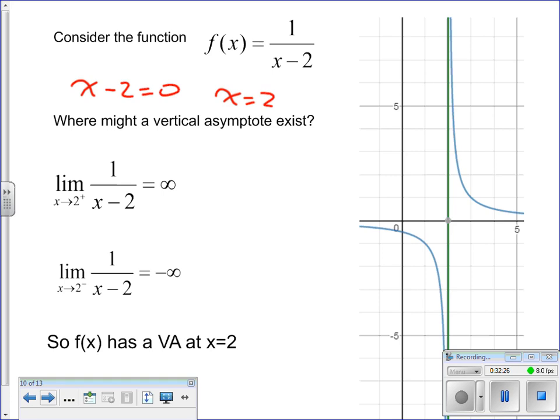Okay. 3 minus 2 is 1. 1 over 1 is 1. Slightly closer to 2, that's 2.5. Right? So I get 1 over 1.5, which is 2. What happened? It just doubled in size. 2 1/4. I get 1 over 1/4, which is 4. 2 1/8, which is now 8. 2 1/16, which is now 16.